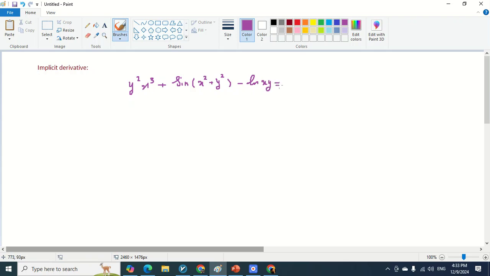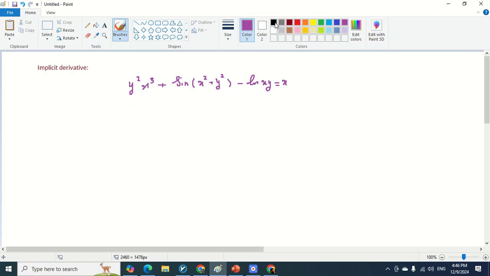For instance, if I have this type of function, you can see that they are totally twisted together and you cannot split them somehow. Therefore, we cannot split y and x and write everything in terms of x or y.